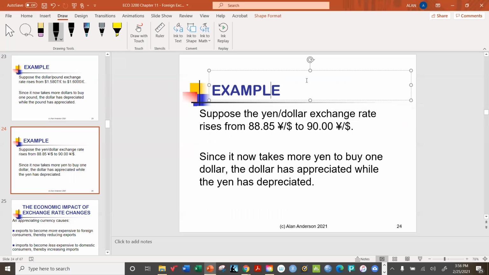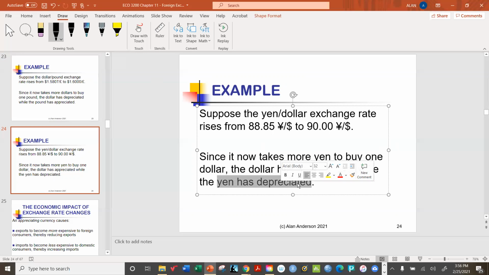And so now we have to figure out which currency just got stronger and which one just got weaker. Now, the logic again is this: it takes more yen to buy a dollar, and therefore it must be the case that the yen has depreciated, which means the dollar has appreciated.